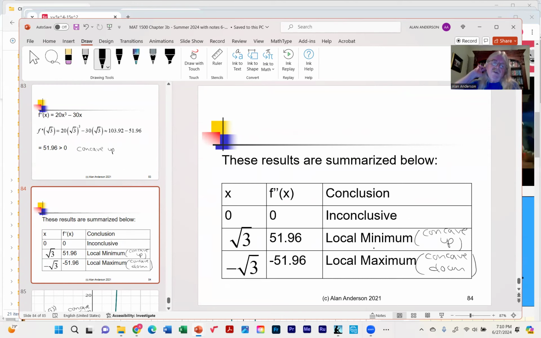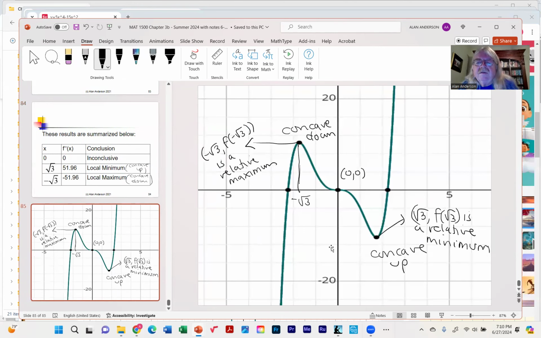Okay. Now, what do we do about that 0? Oh, see, now you can see from the graph, it makes sense what results we got. You can see that this one is neither a minimum nor a maximum. So we've seen already that critical points are not necessarily always associated with maxima and minima.